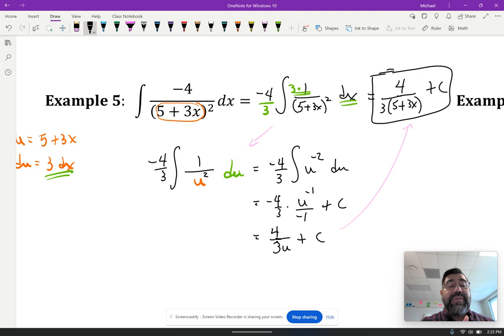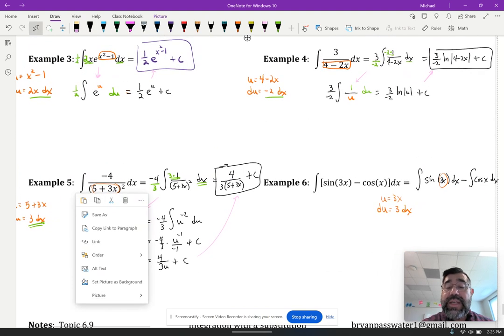See if you can replace the u and the du. Do you have enough information constant wise to replace both? Once you replace both, that's not the end. You still need to take the antiderivative. And then if you're doing an indefinite integral with no limits of integration, we need to put it back in terms of x.